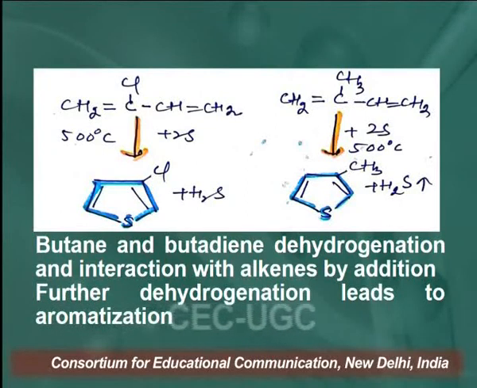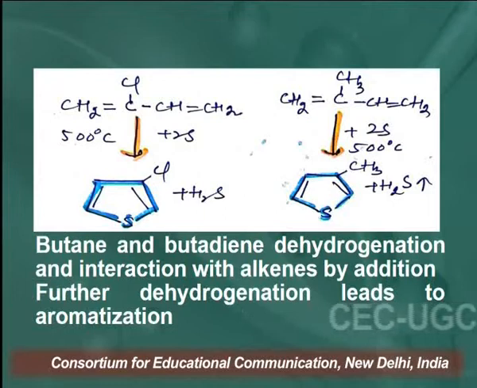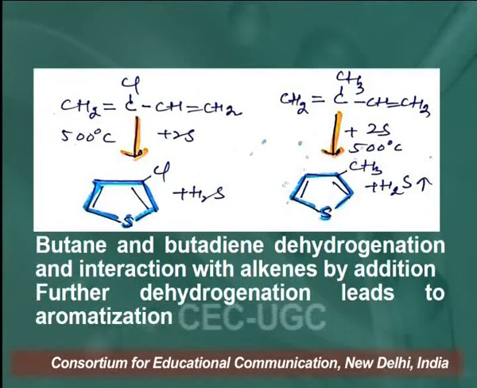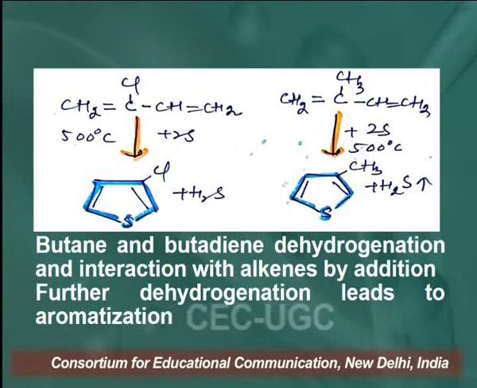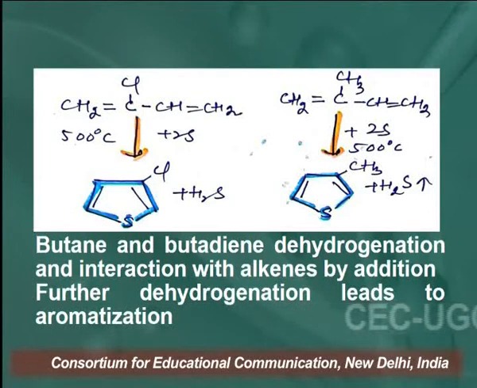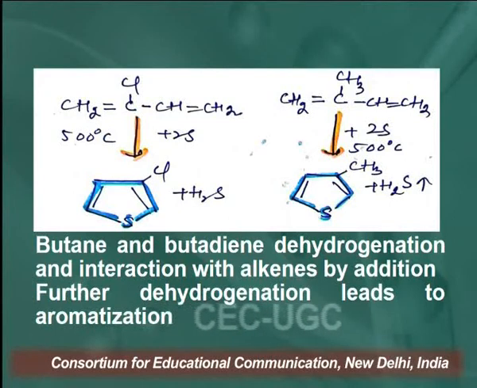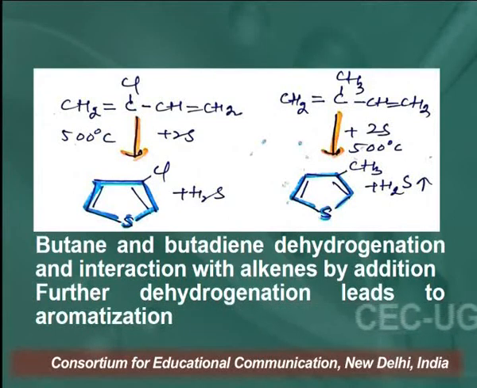Now this is another method, from butane and butadiene. Derivatives of butane also convert into thiophene derivatives on dehydration. Here aromatization takes place in the presence of sulfur, for example with a 1,4-butadiene derivative, chlorobutadiene, or 2-methyl-butadiene.